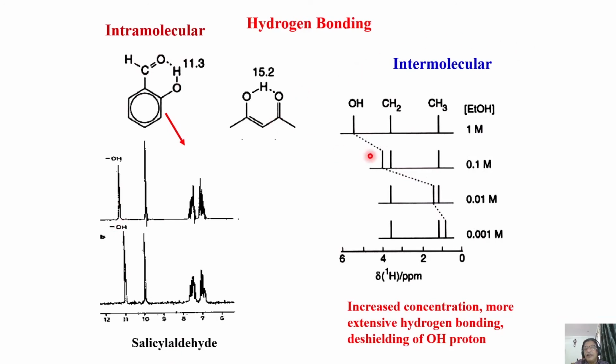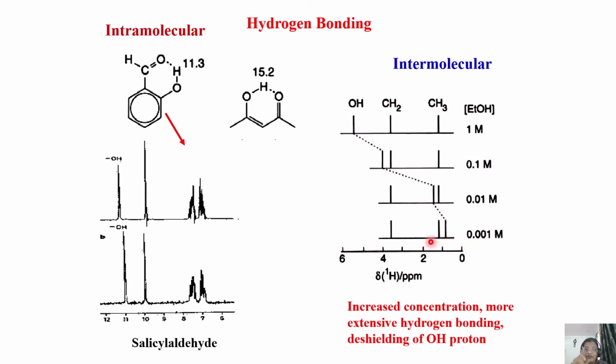Whereas take ethyl alcohol, then what happens? It can form an intermolecular hydrogen bond with itself or with EtOH. As you keep increasing the concentration of ethyl alcohol from low to high, you see the OH peak was somewhere here, and it comes here. In fact, the OH peak was going beyond CH3.